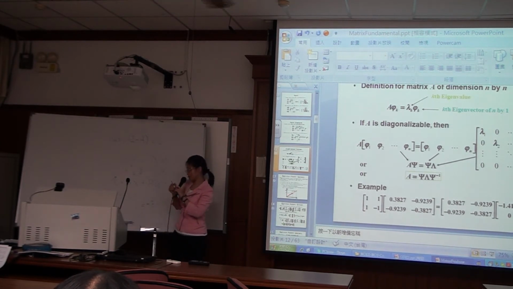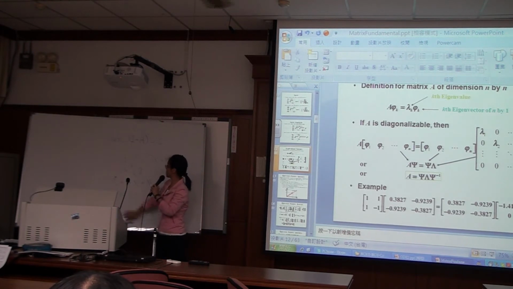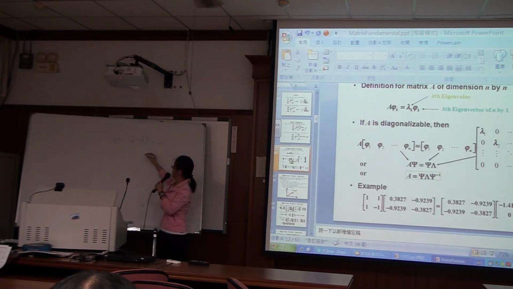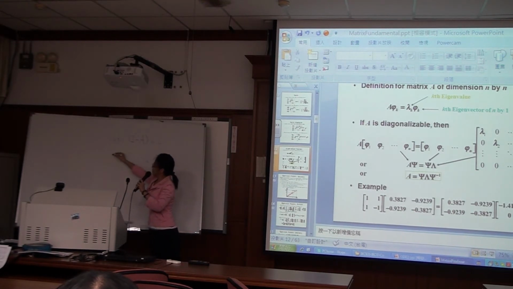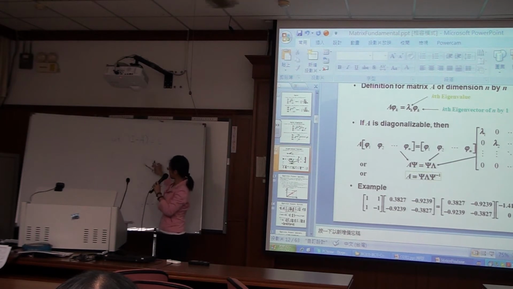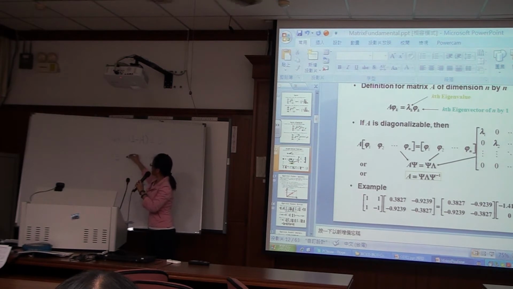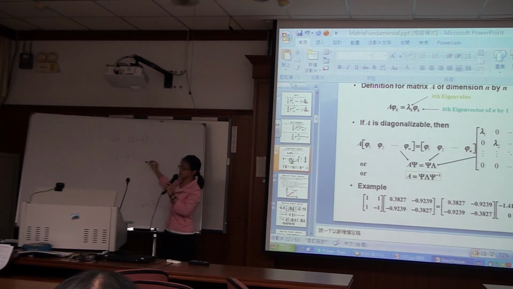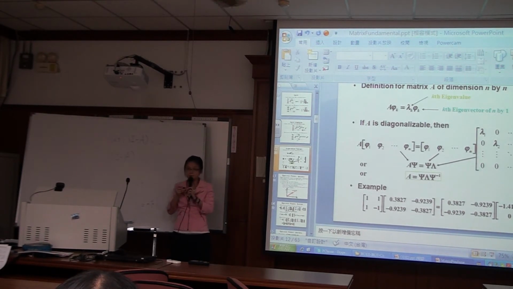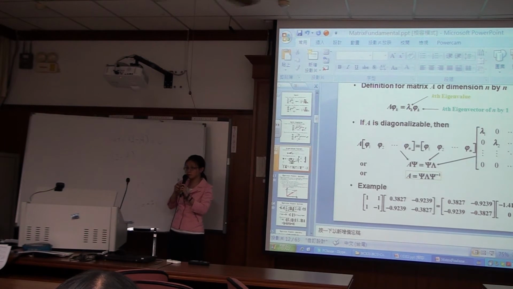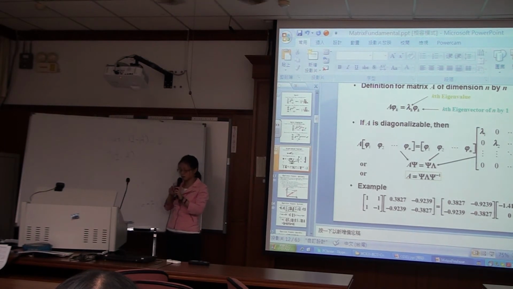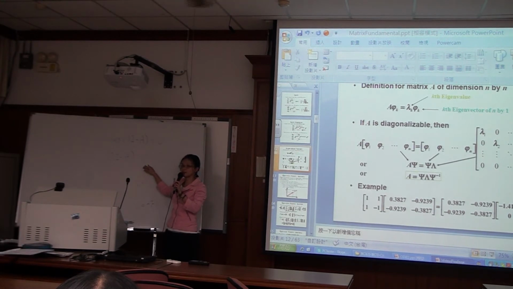This is also the same as looking for solutions to this homogeneous equation.